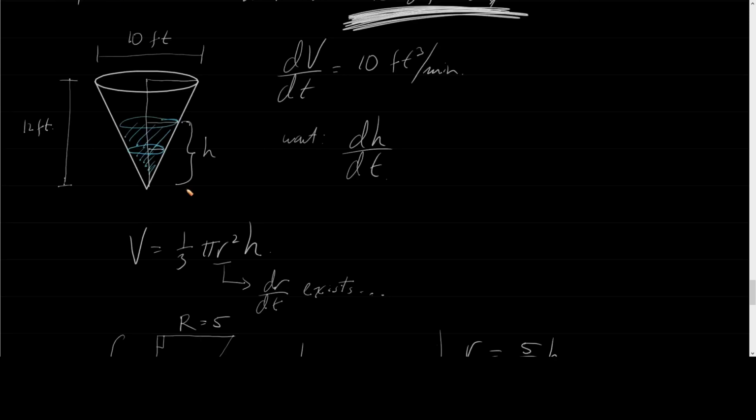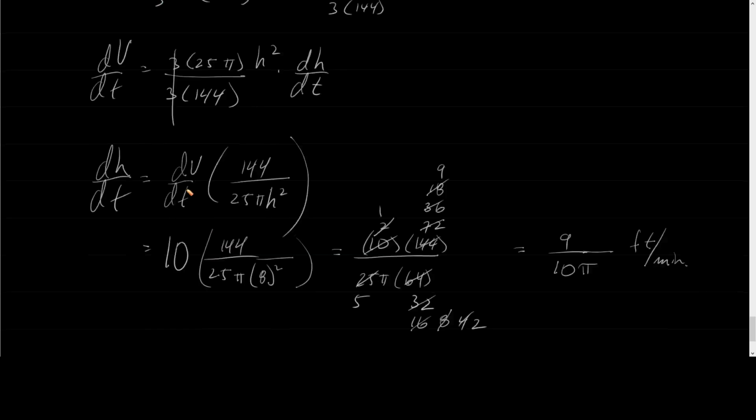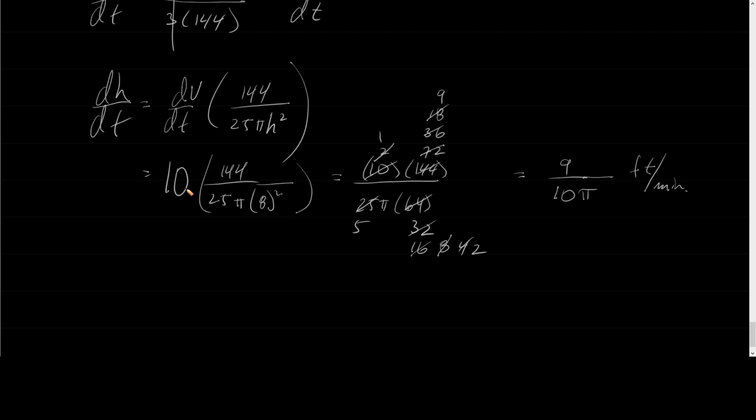Now that is the end of 3.7. It's all about related rates. There are a lot of scenarios for related rates, but essentially it comes down to reading the word problem and coming up with a visual, right? Once you've got that visual, how do you relate the things that are changing? You have to come up with some sort of formula that relates all the things that are changing.